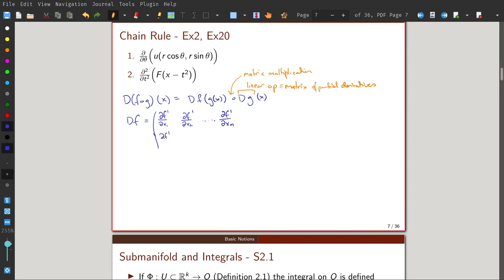And then you'll have F2 with respect to x1, right down to Fm with respect to x1. All right, and so here you'll have F2 with respect to x2, and so on, F2 with respect to xn, and at the bottom Fm with respect to xn.